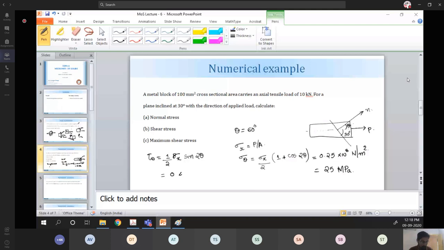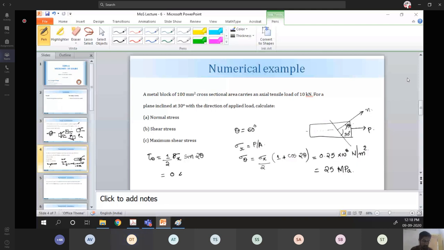And what about the maximum shear stress? Maximum shear stress is 0.5 into 10 power 8 pascals. So what is in MPa, megapascal?